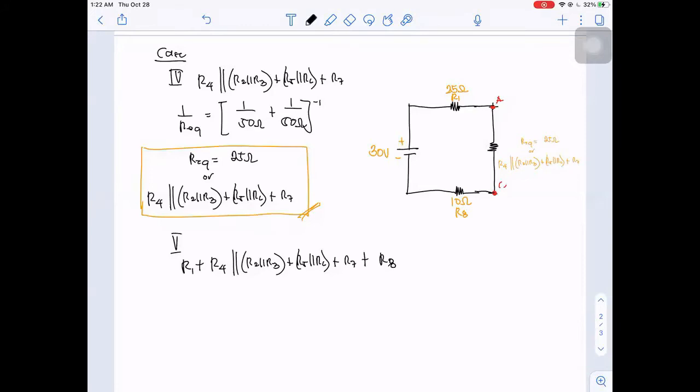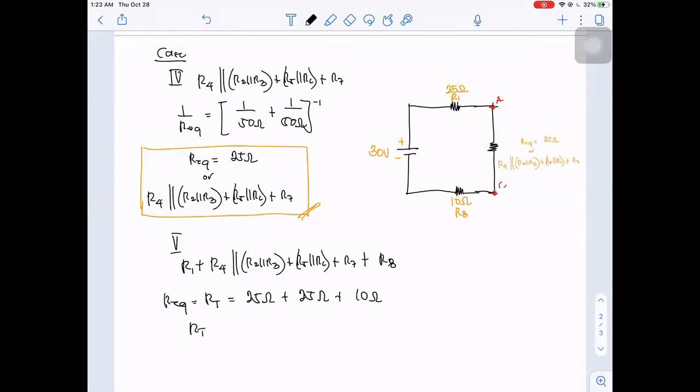So the equivalent resistance, or our total resistance, is 25 ohms plus 25 ohms plus 10 ohms.